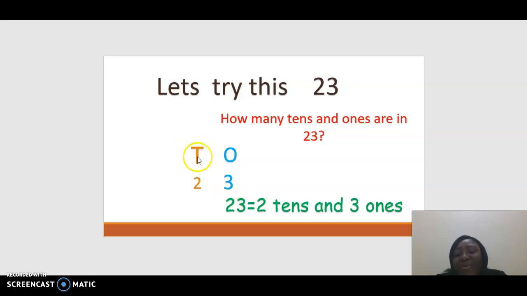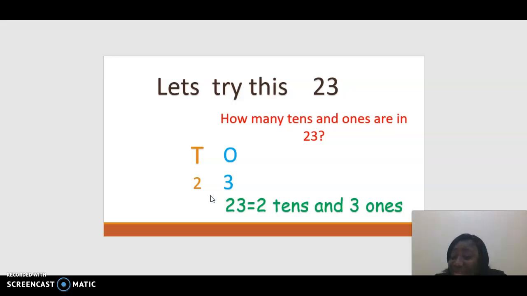Now, once I'm able to tell how many tens using my T and how many ones using my O, then I can answer the questions to say how many tens are in any given two-digit number.